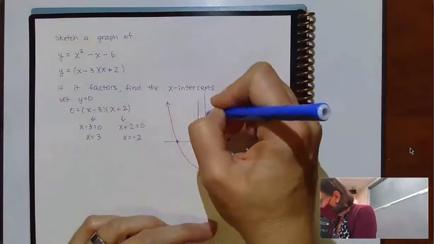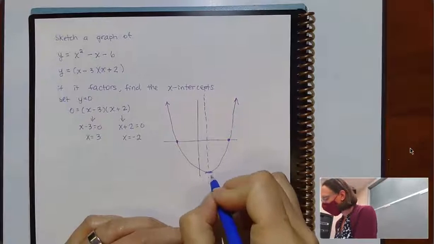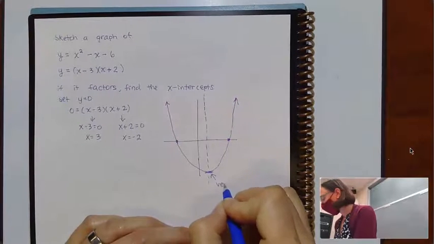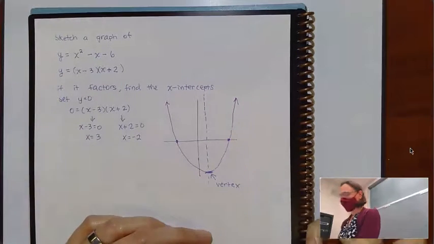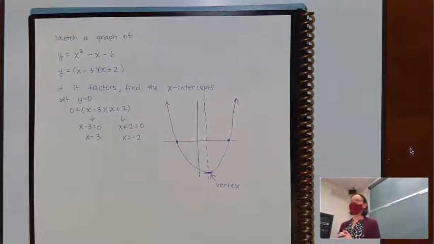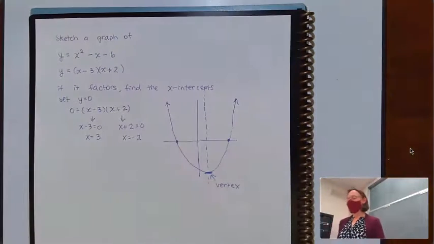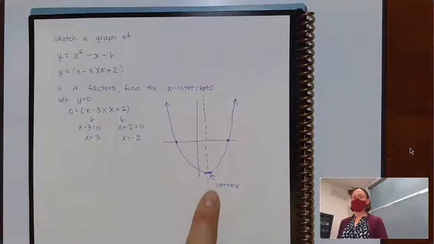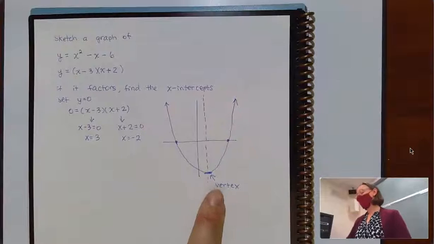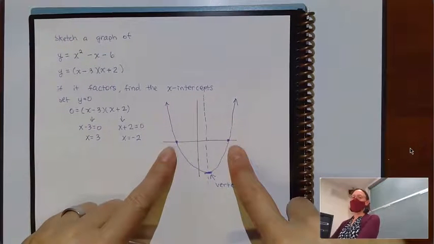And that line of symmetry runs through the vertex, and it perfectly splits that parabola in half. Well, the cool thing is that even if it's not in vertex form, we have a quick way to find the vertex, because that vertex should always be the midpoint of the two X-intercepts.